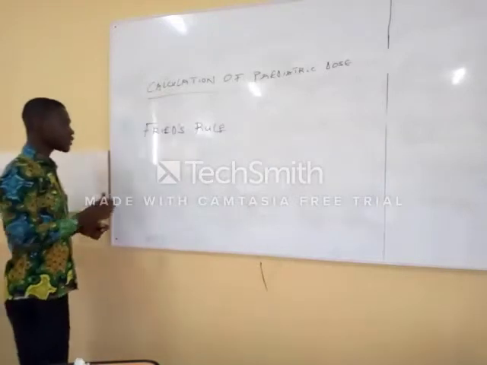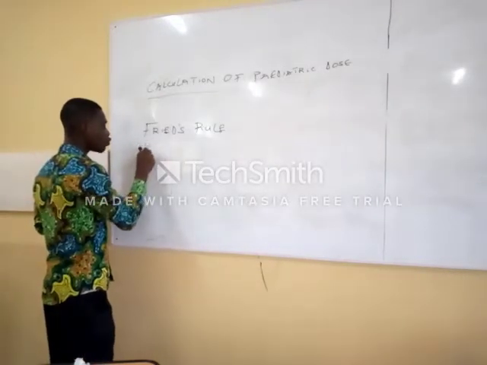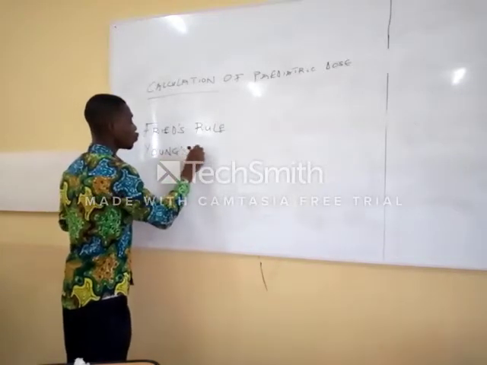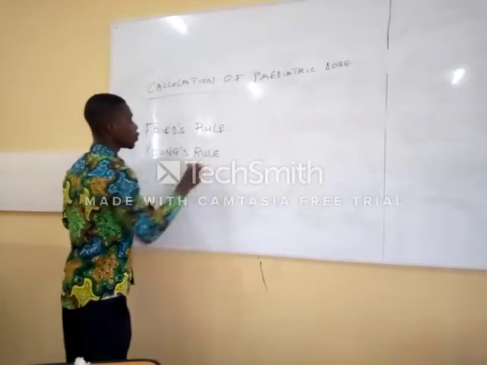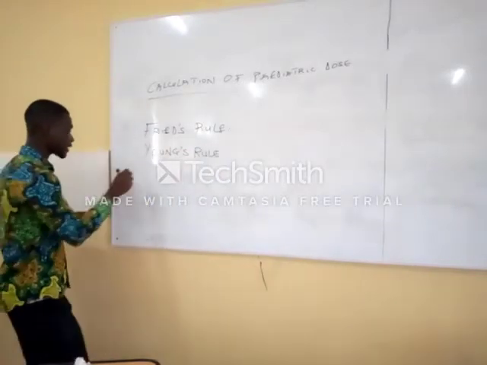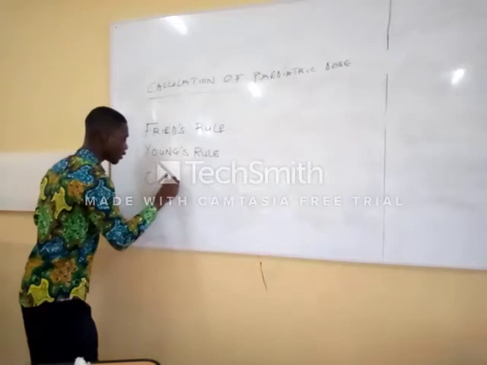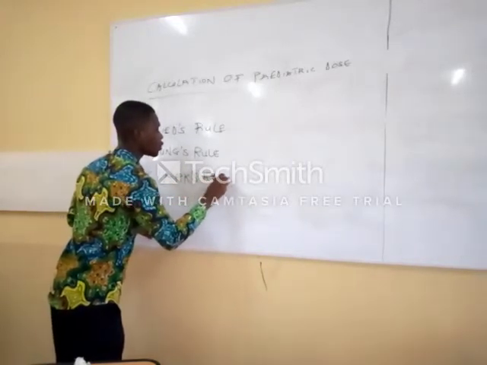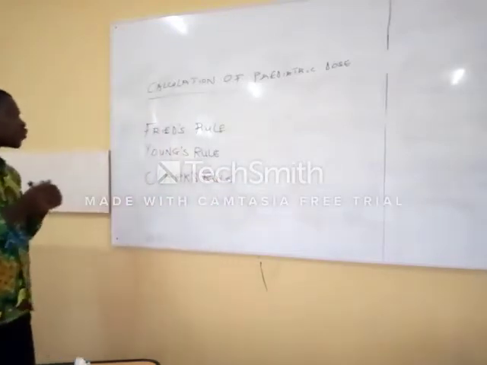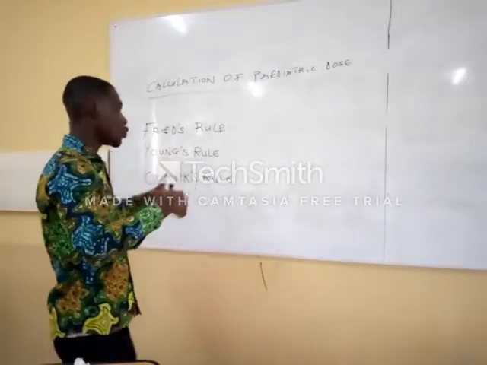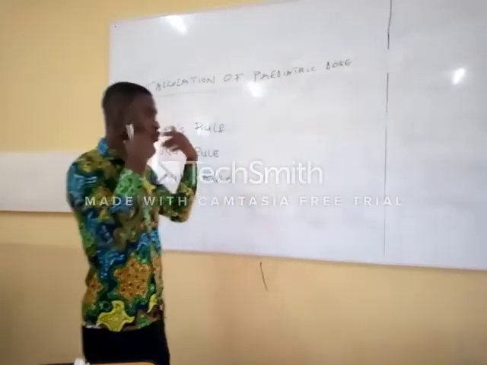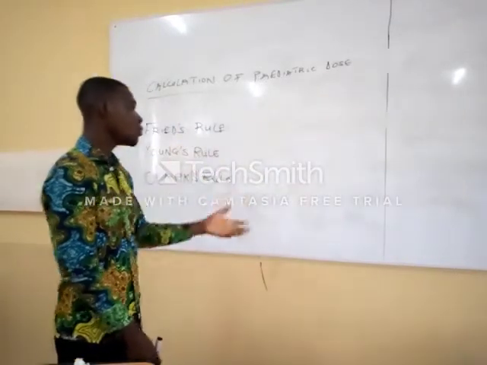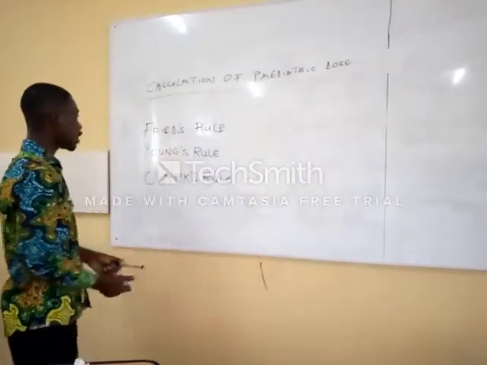We have Fried's rule, we have Jones' rule, and then the last one is Clark's rule. So it's a rule. You just get it. As you get a question, you state the formula there, then you insert the values. It is a rule made by someone. So let's go to Fried's rule.